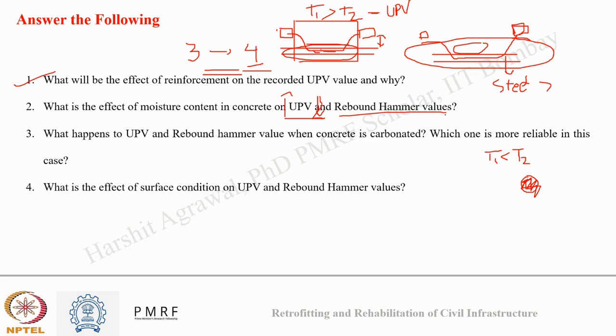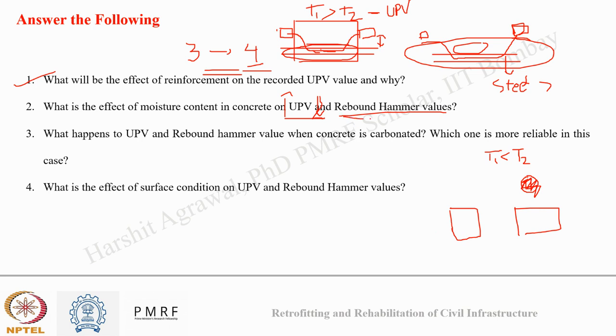And when we talk about rebound hammer, the concrete moisture we know has a direct impact on the compressive strength of the concrete. So we say a moist concrete cube has a lower compressive strength than an air filled concrete cube. Why? Because water is incompressible. Now if my concrete is moist, what will happen?